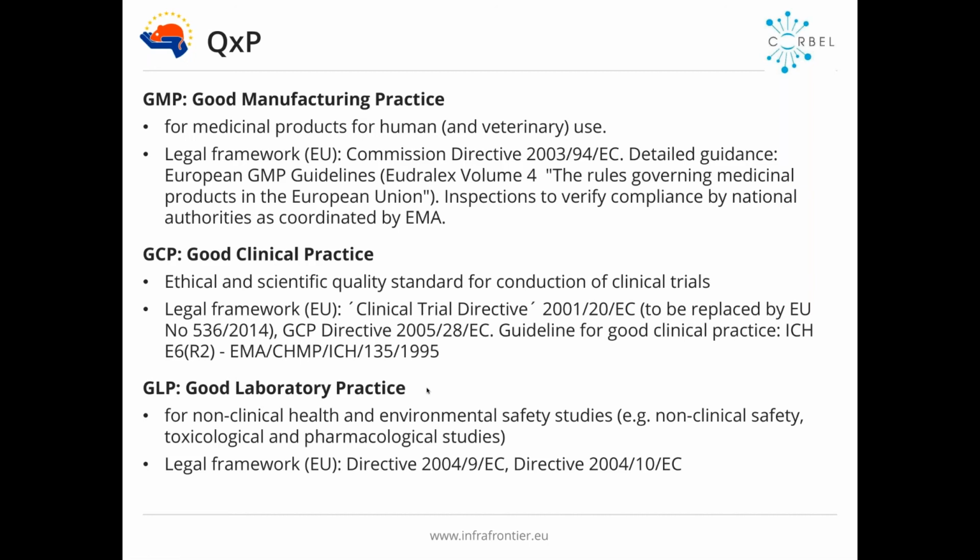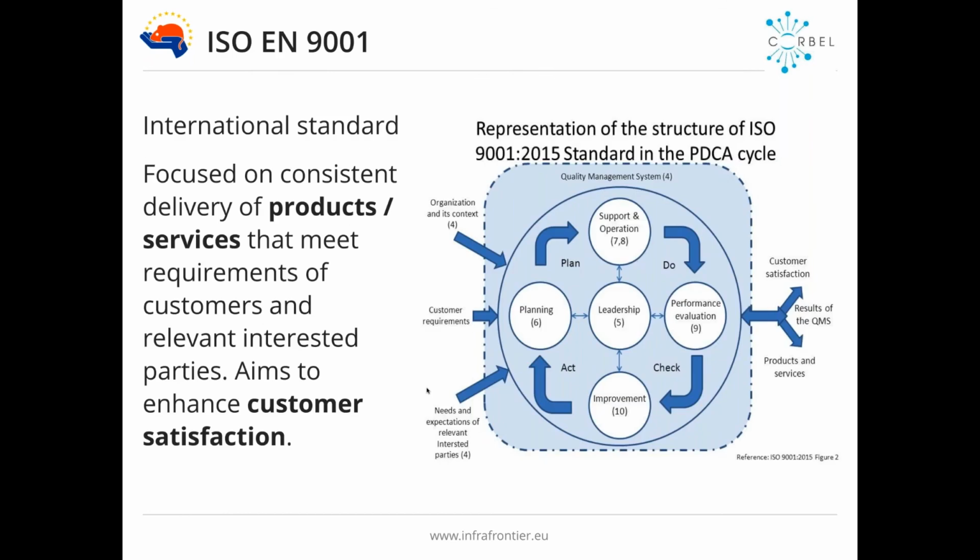Particularly if you want to act with your research infrastructure or with your national node as a contract research organization, as a CRO, the application of GLP is usually required. You have the ISO 9001, which is about quality management.